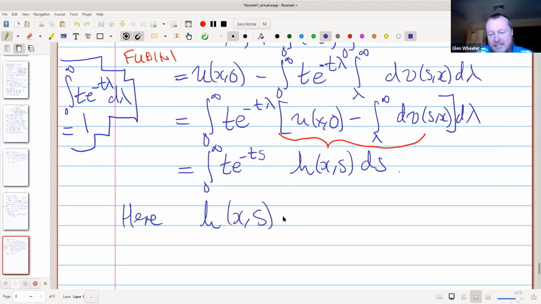Okay, h of x and s is equal to this expression in s, but if you remember the integral representation from Bernstein for u, then you can combine these integrals together and you get the integral from 0 to s.